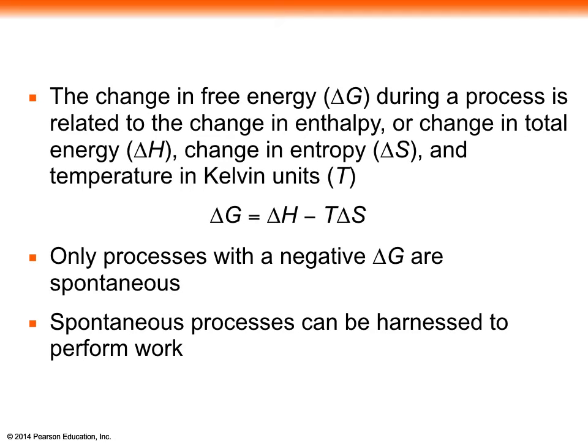The change in free energy, delta being the symbol for change. The change in free energy during a process is related to the change in enthalpy, or change in the total energy, delta H, change in entropy, delta S, and temperature in Kelvin, which is T. I want you to focus on just one of these symbols, which is delta G, the change in free energy.